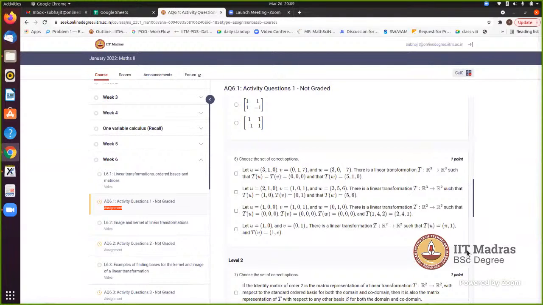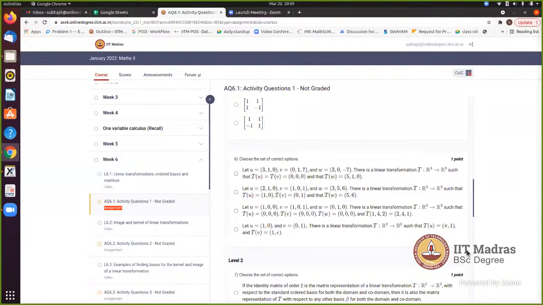Because that vector is a combination of the first three vectors. u, v, w are linearly independent and form a basis, and all of them are going to 0. That means this is a zero transformation. So the fourth one, whatever vector you choose, should also go to 0, but that is not the case. Got it? Yes, sir. Great. Good.